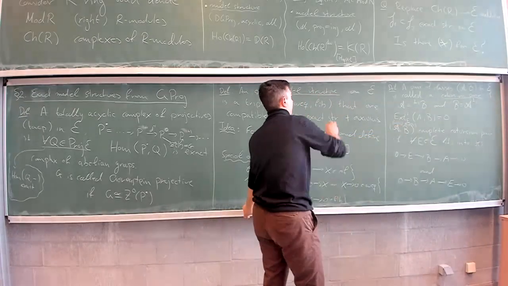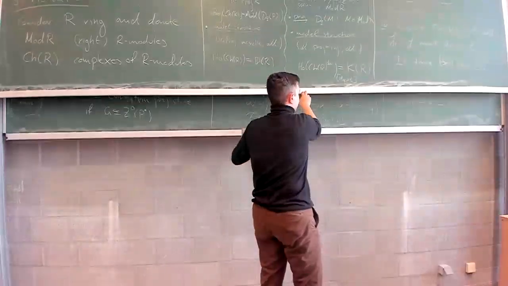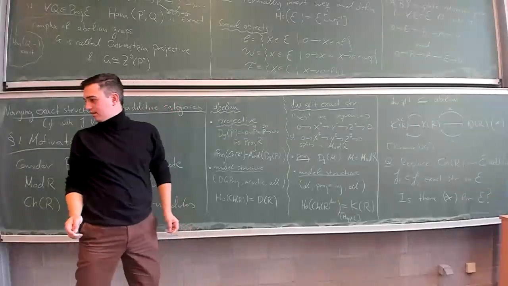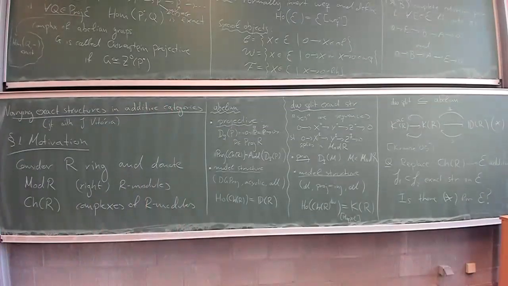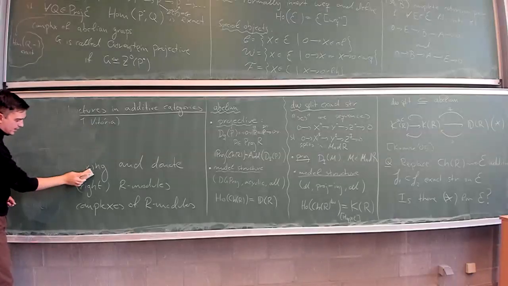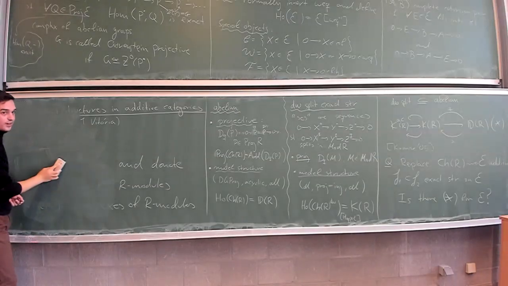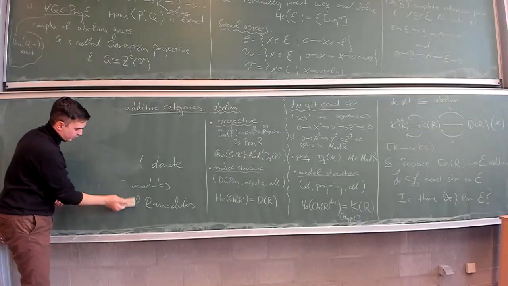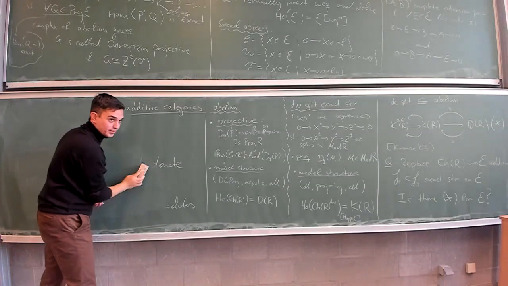Okay, and why should one care about this? So, for some of you that might have seen the definition of a model structure before in the past, you know that they satisfy some lifting properties.